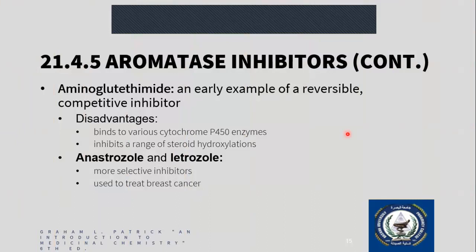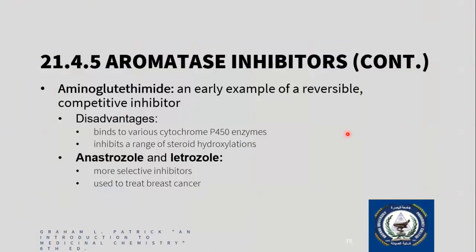All right. We said that we have two types of inhibitors. The first one are the aminoglutethimide, which are an early example of a reversible competitive inhibitor. They inhibit the enzyme reversibly, but it has a disadvantage. It binds to various cytochrome P450 enzymes because, as we said, the aromatase has the cytochrome P450 enzyme and a reductase enzyme.